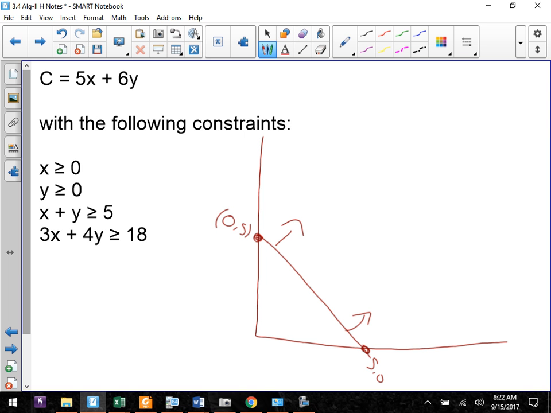X and Y intercepts here: I have an X intercept of 6 and a Y intercept of 4.5. And then these 2 lines hit here, and again, it's moving outward.